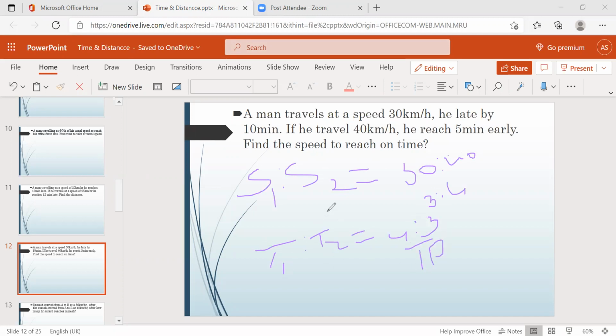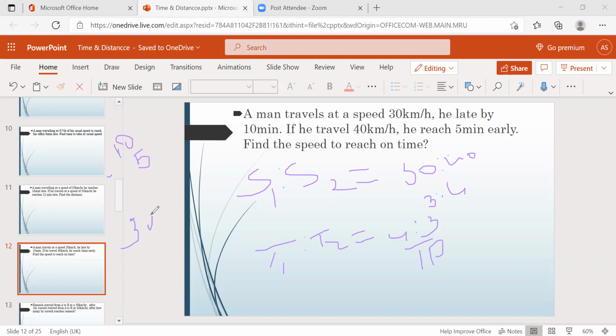One part is the difference, but what they've given is the difference in time. Here he is late by 10 minutes and early by 5 minutes. So don't subtract here. Why? Suppose the actual time is 30 minutes.